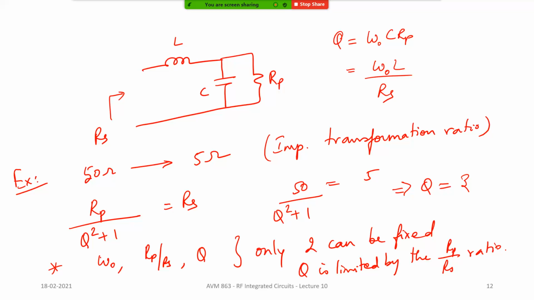If you want to set a particular center frequency and Rp by Rs ratio, you have to live with whatever Q you get. Or if you want the Q and the omega naught, then you have to live with whatever Rp by Rs ratio you get. So people said we want one more degree of freedom.